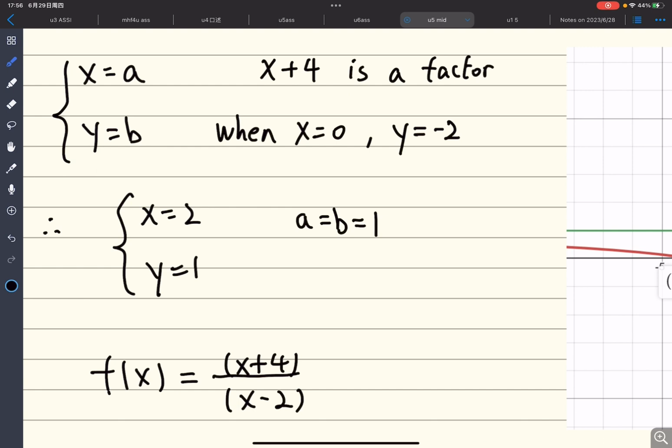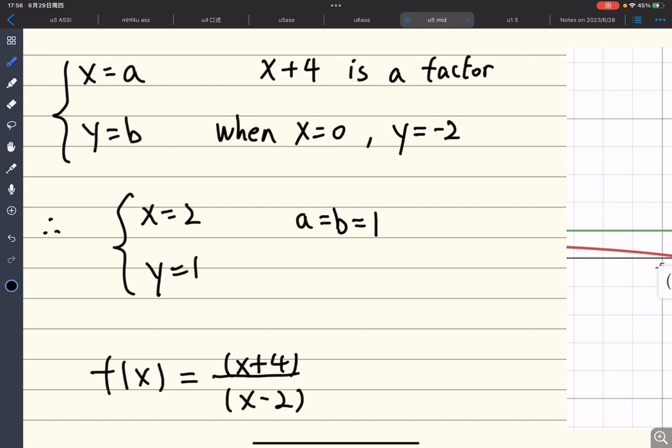Let's start by writing a function that has an x-intercept of -4. It means that x plus 4 is a factor in the numerator of the function. Next, we want the function to have a y-intercept of -2.